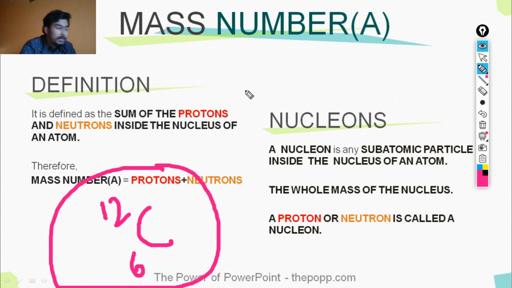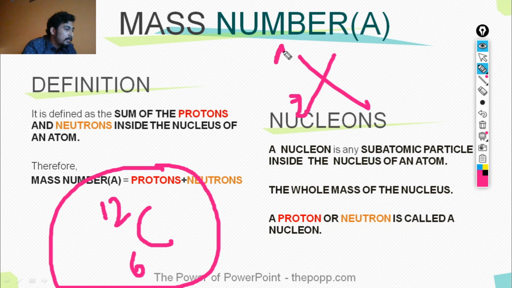If I correlate this with the representation Z X A, we can say that atomic number Z equals 6 and A equals 12.